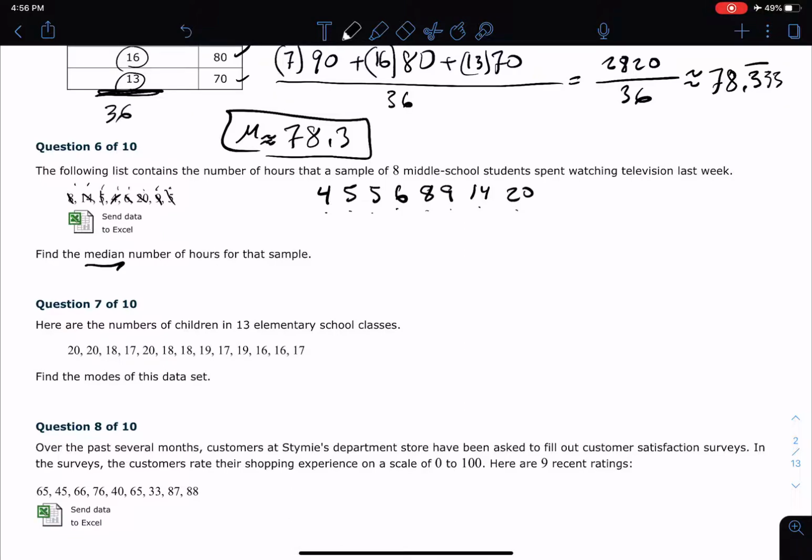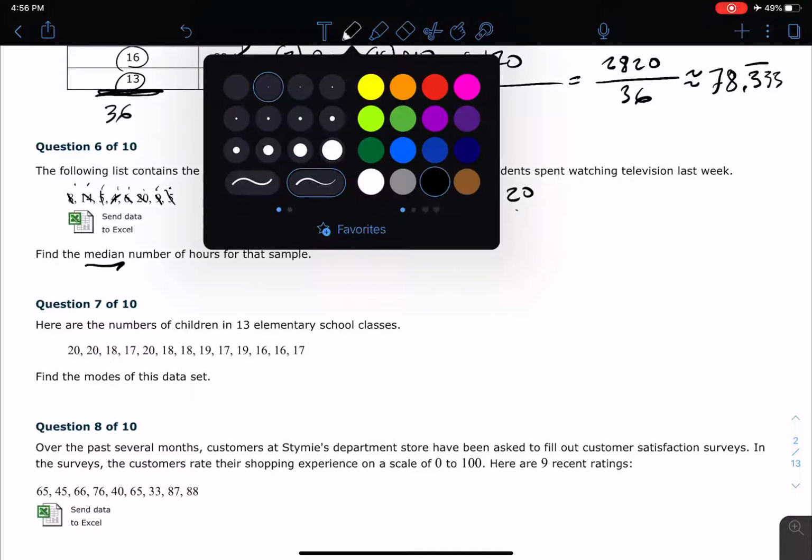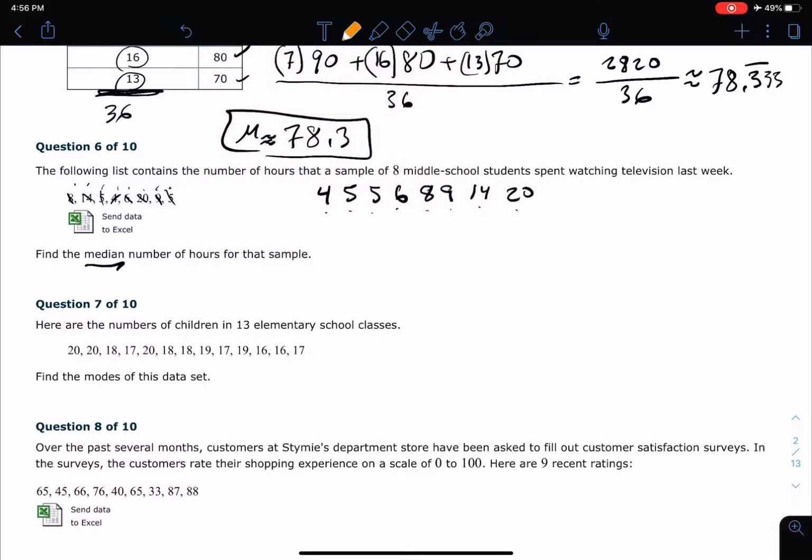Okay, feel good. Now I need to find the physical middle number. I think we said before, if you have an even amount or an odd amount, something different happens between those two ideas. Here I've got 1, 2, 3 on the right, 1, 2, 3 on the left.